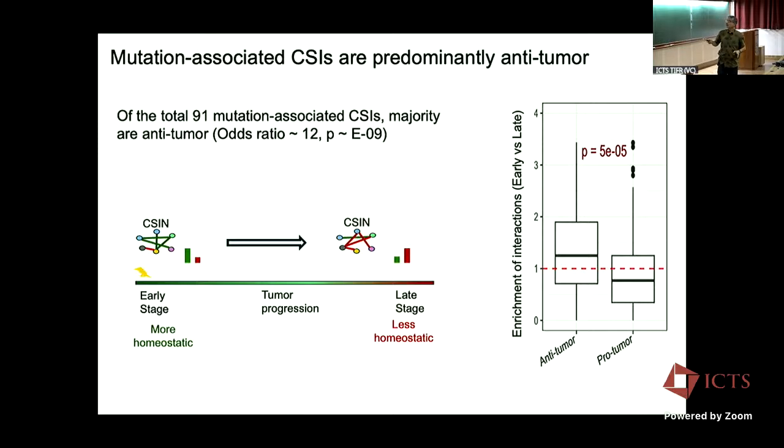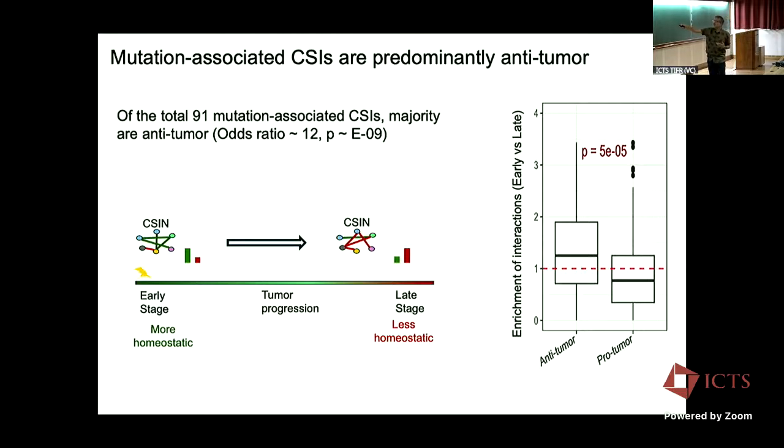Okay? So that gets your mind going, like what's going on? Is it like a homeostatic response to mutations? Right? If you go with that theory, we are imagining something like this. So early stages of tumor, you have more homeostatic, anti-tumor interactions here that are taken over, other things overwhelm it, and it becomes more pro-tumor later on.